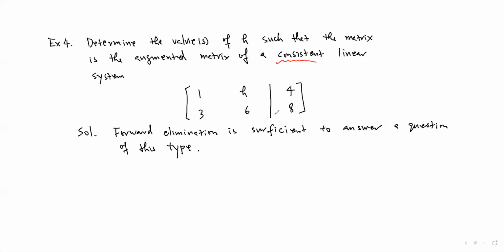Now let me perform forward elimination on this augmented matrix. 1, h, 4, 3, 6, 8. Solving this linear system has two phases, forward phase and backward phase. Okay, now forward phase.